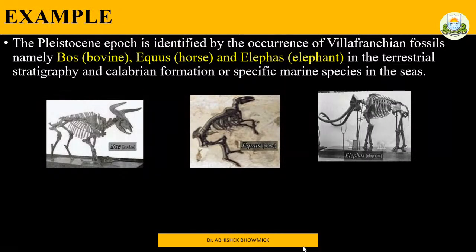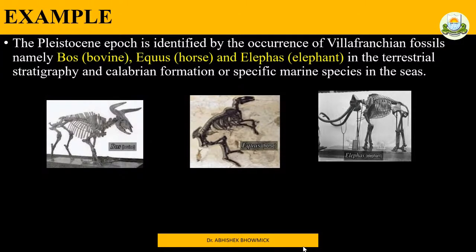If we consider the whole of the Pleistocene epoch, it is identified by the occurrence of Villafranchian fossils, namely Bos, Equus, and Elephas.